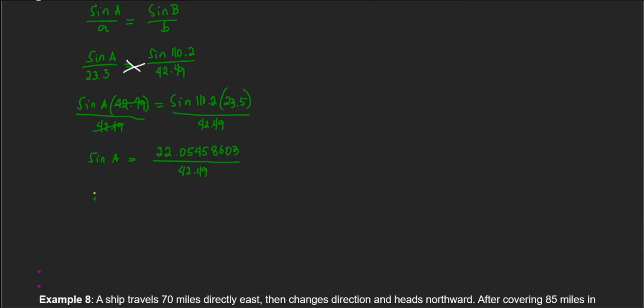calculate. So, we have sine A, then, you divide by 42.49. So, yung result natin is equal to 0.519053566.